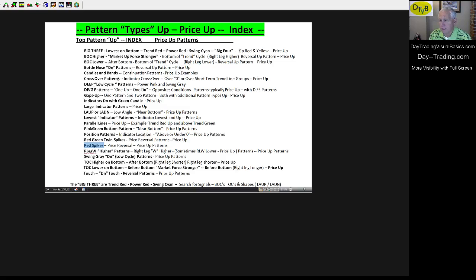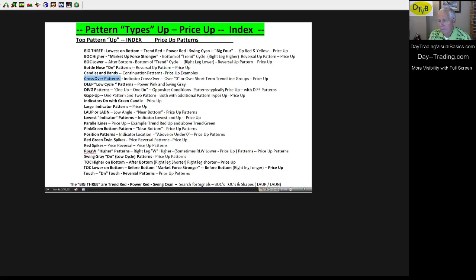The crossover patterns, for example, it has to be a cross over 0 or over the short-term trend group, like the trend trio lines or the power green and orange lines. On the patterns down file, you're cross under the pattern. So you're crossing under 0 or under the short-term trend lines.